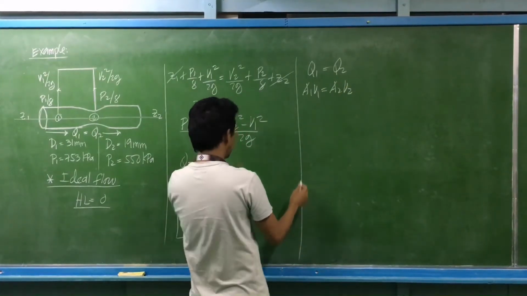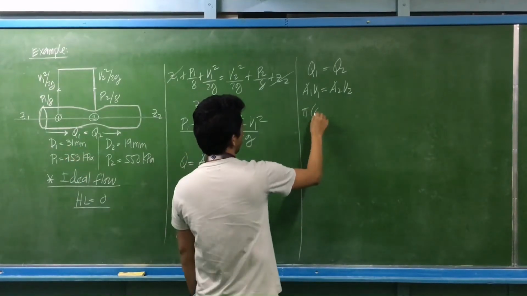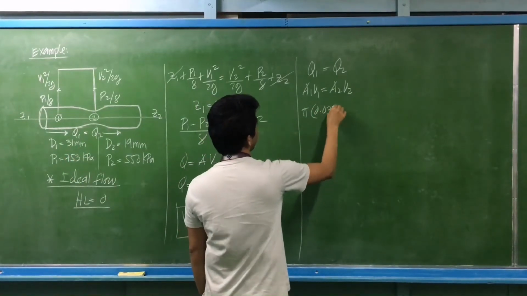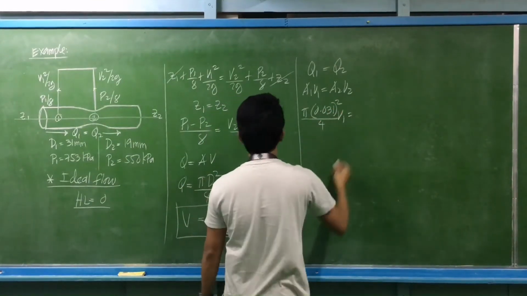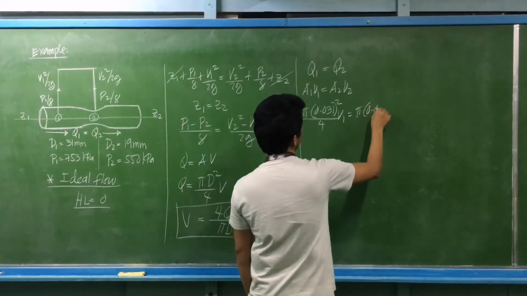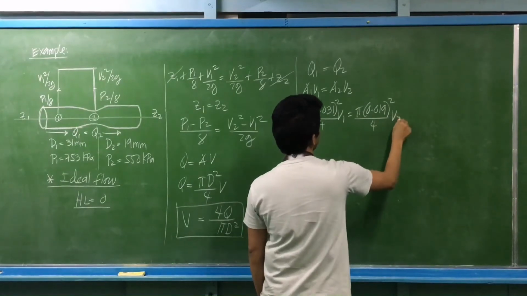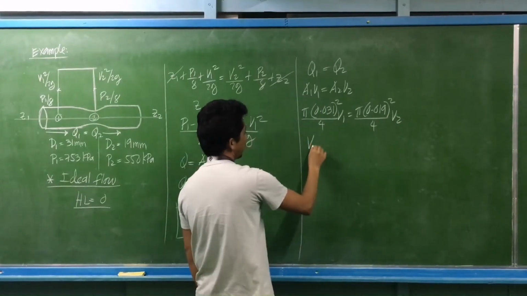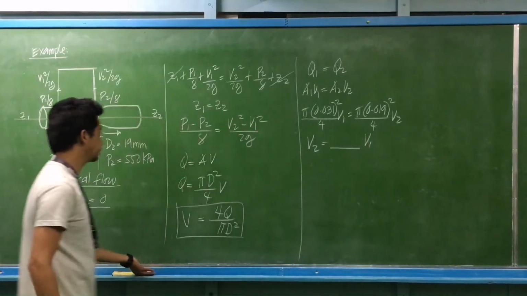So area 1, that is pi, the diameter is 31 mm, 0.031 squared, divided by 4, V1 is equal to. Okay, dun sa throat section, this is 0.019 squared divided by 4, velocity number 2. So, pwede natin gawin is express V2 in terms of V1.